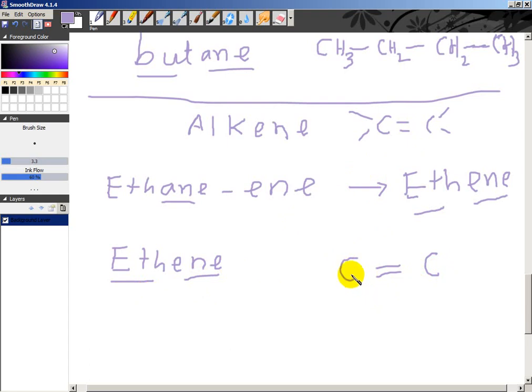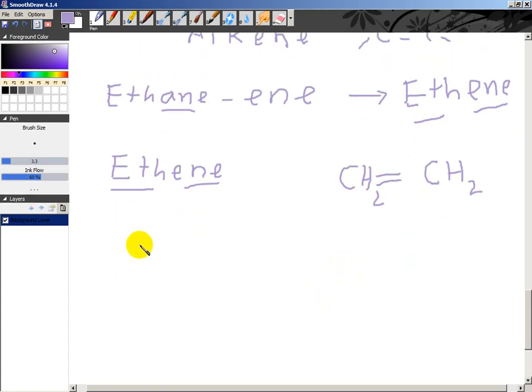This carbon has a double bond, so it needs two hydrogen to form four bonds. Two bonds with carbon and two bonds with hydrogen, so the total is four bonds. This carbon can form four bonds. It already has two bonds, and two more bonds will form with hydrogen. This is the structural formula of ethene. Now propane.